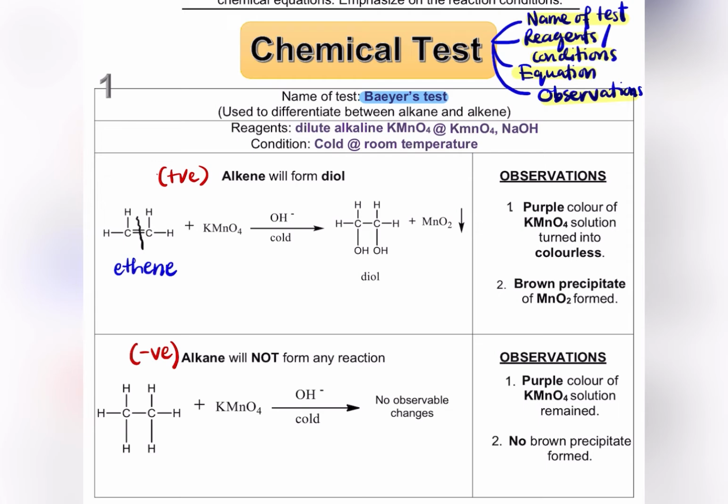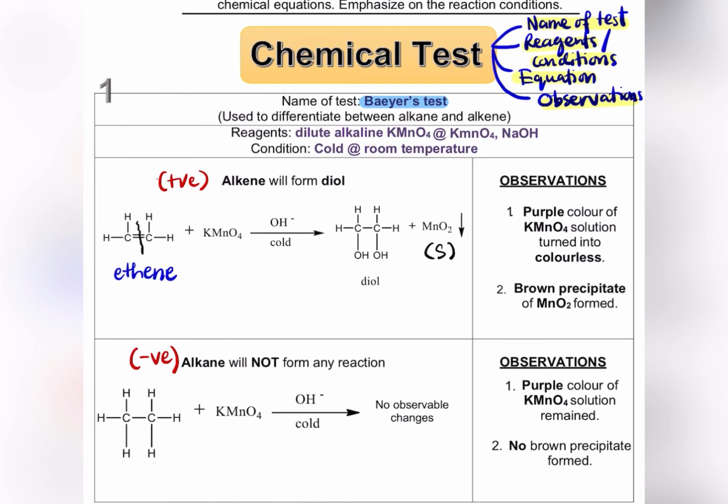And we can also use another form. Either you want to show by using this arrow, or you can write it down as solid phase. So whichever you prefer. And this is your diol. And once you write down the equation, you need to put the observation for positive result, our alkene.